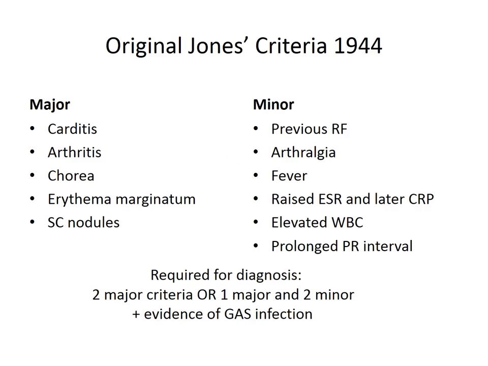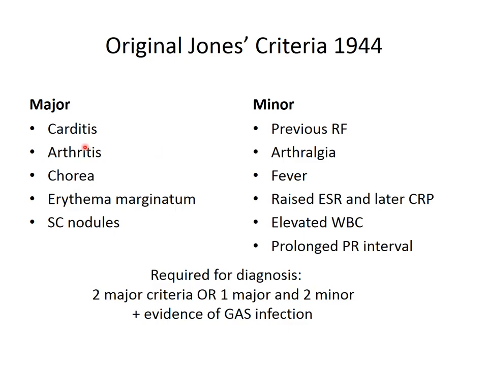Now we come to the diagnosis of acute rheumatic fever. The original Jones criteria in 1944 were divided into major and minor, as we have talked about clinically. The major criteria are carditis, arthritis, chorea, erythema marginatum, and subcutaneous nodules.